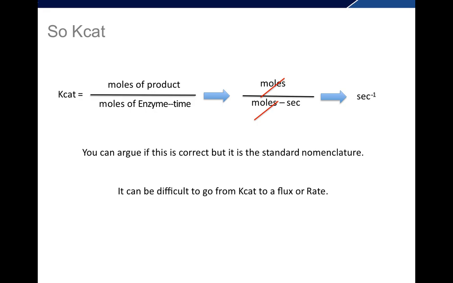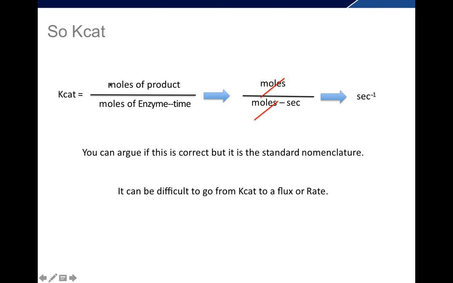So kcat, usually you get the nomenclature or the units per second. But really, it starts off as moles of product per moles of enzyme per time, right? And people tend to cancel out mole per mole, right? So mole of product per mole of enzyme, and the moles cancel and you get per second. But they're not keeping track of what mole is of what.